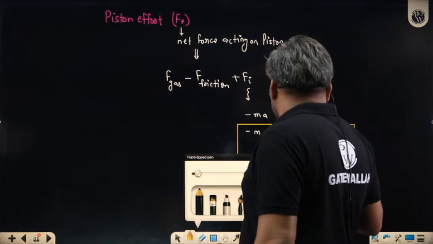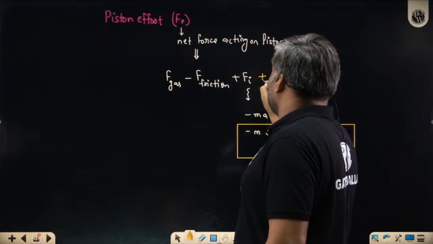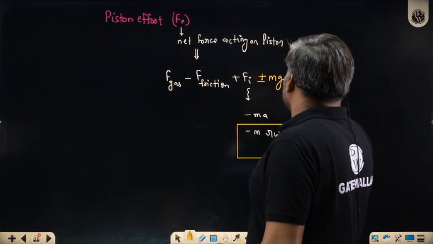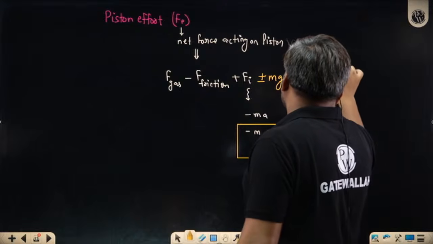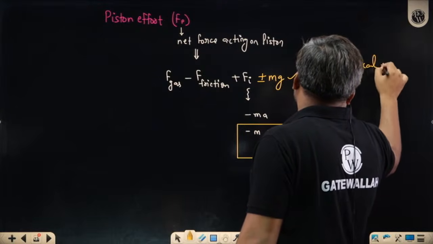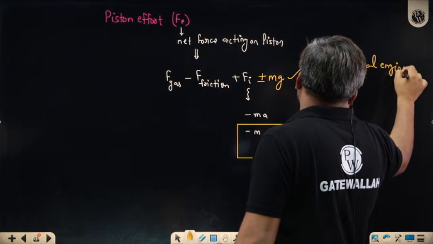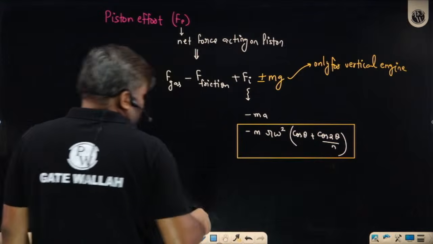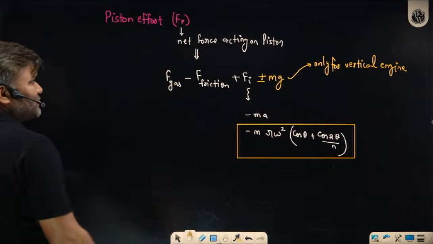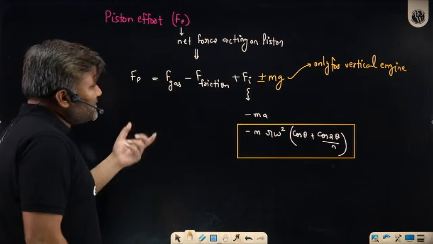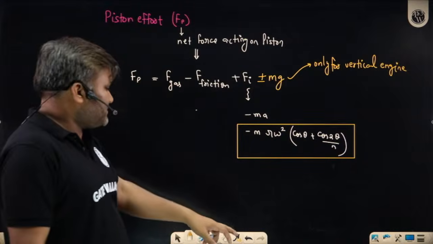So sometimes we will use plus or sometimes minus mg, but this mg is only for vertically mounted engines. If you are solving a subjective question, this is how we have to consider the total piston effort on the piston. This is the net force which is acting here.